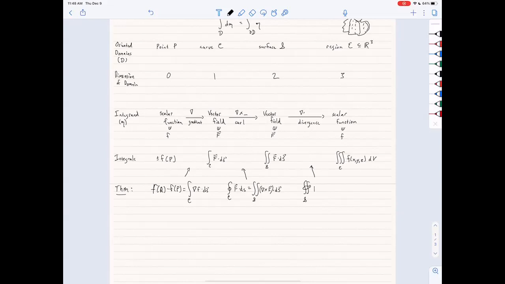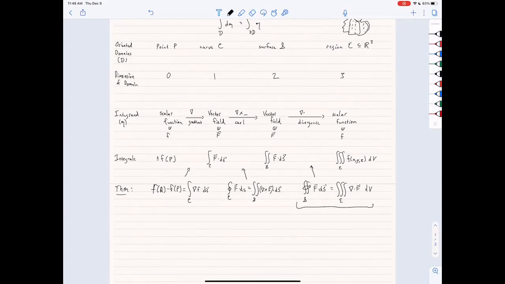And we're going to take a vector integral of f dot dS. This will equal the triple integral over a region E, which has boundary S, of the divergence. I'll use this notation just for consistency. Divergence of f dV. This last one is called the divergence theorem.